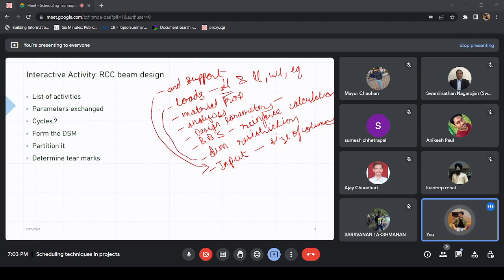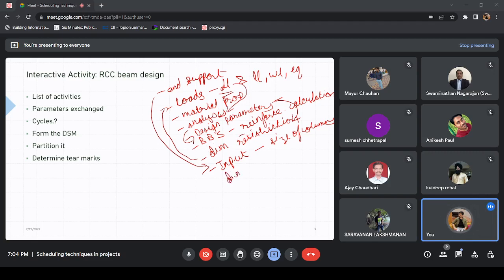From that dead load I include it in analysis, then from analysis I check with design parameters. If design parameters are missing, I check for dimension restriction. If the dimension restriction is disturbed, I will again change the dimensions, right?